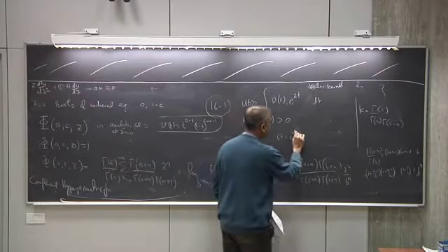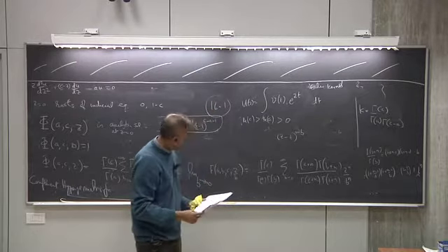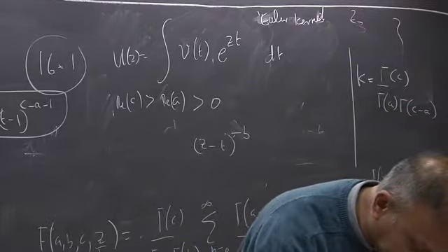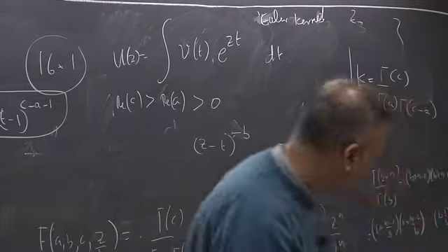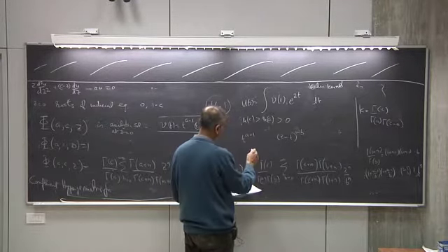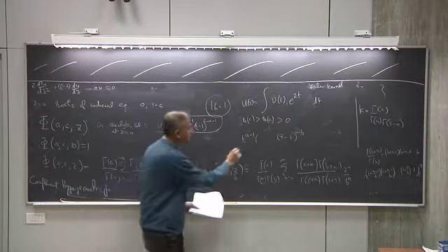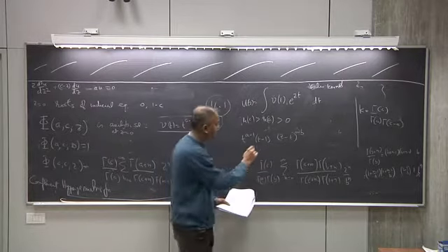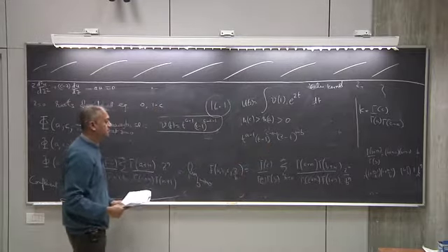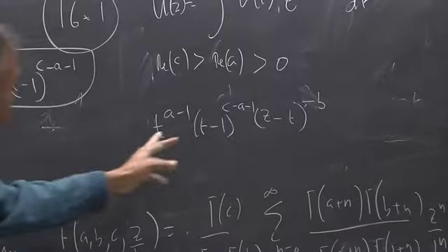So let me choose minus b here, and then what were the other terms? What was the solution? I always forget this. t to the power of a minus 1, and (t minus 1) raised to c minus a minus 1. Yeah, that's that, after exchanging a and b.